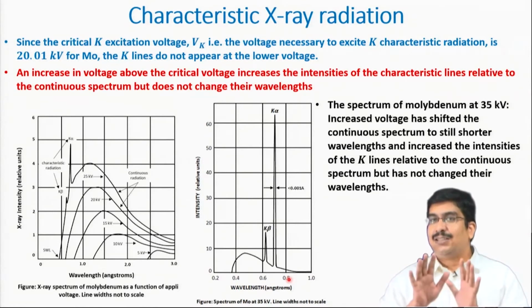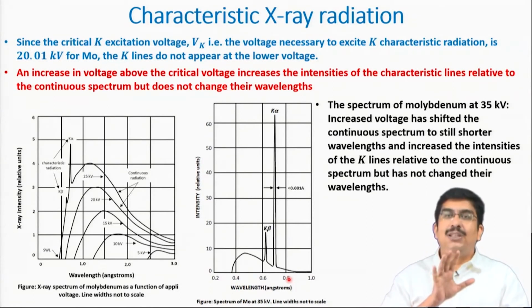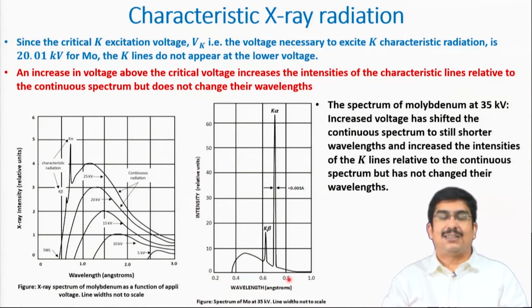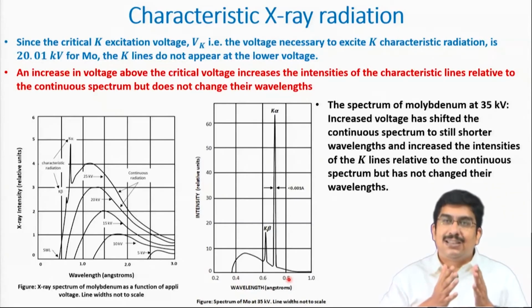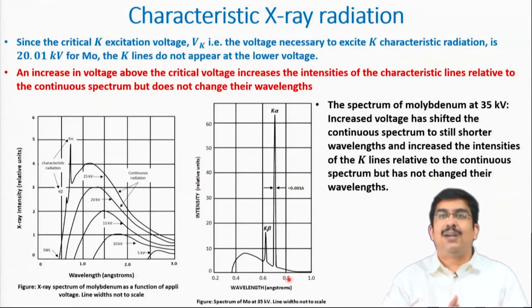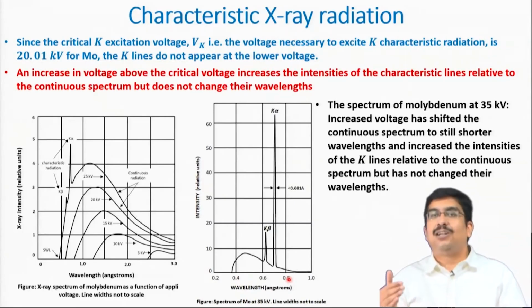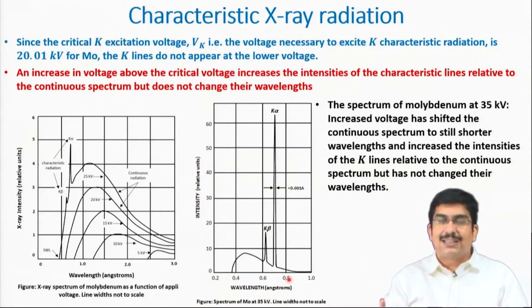So this is a major difference between the continuous spectrum and the characteristic spectrum. For the continuous spectrum, I can shift the maximum and change the short wavelength limit just by changing the tube voltage. But for the characteristic X-ray spectrum, I cannot change the position of these lines. I can only change their intensity.